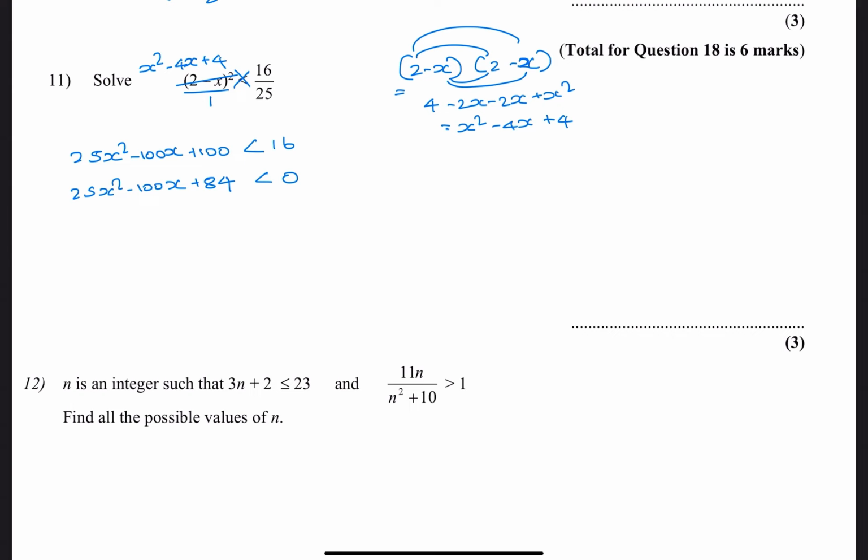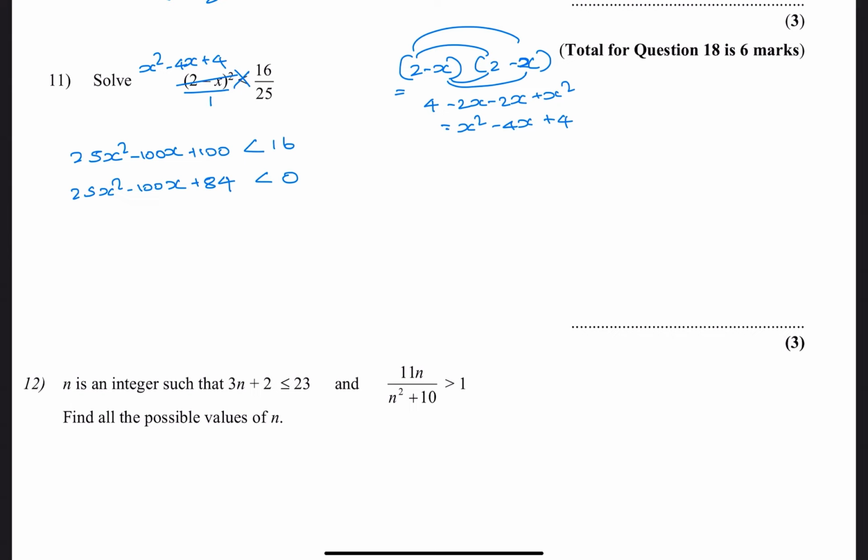So we could try saying 25 times 84 and finding the factors of 2100 that make minus 100. Otherwise, you will go through the quadratic formula, remember.